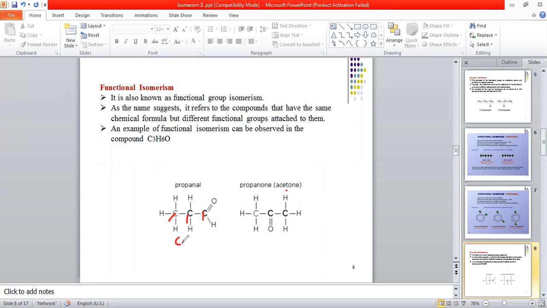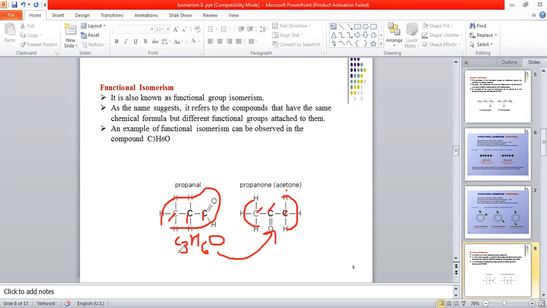So carbon is 3. How many hydrogens are there? Hydrogen 1, 2, 3, 4, 5, 6. So C3H6O. Here how many again? C3, and hydrogens 1, 2, 3, 4, 5, 6. So again this one is C3H6O.